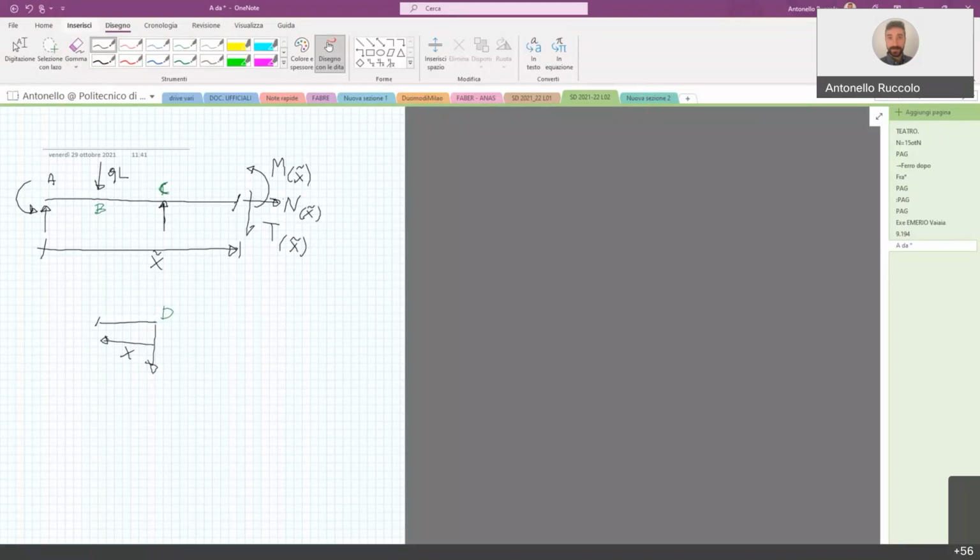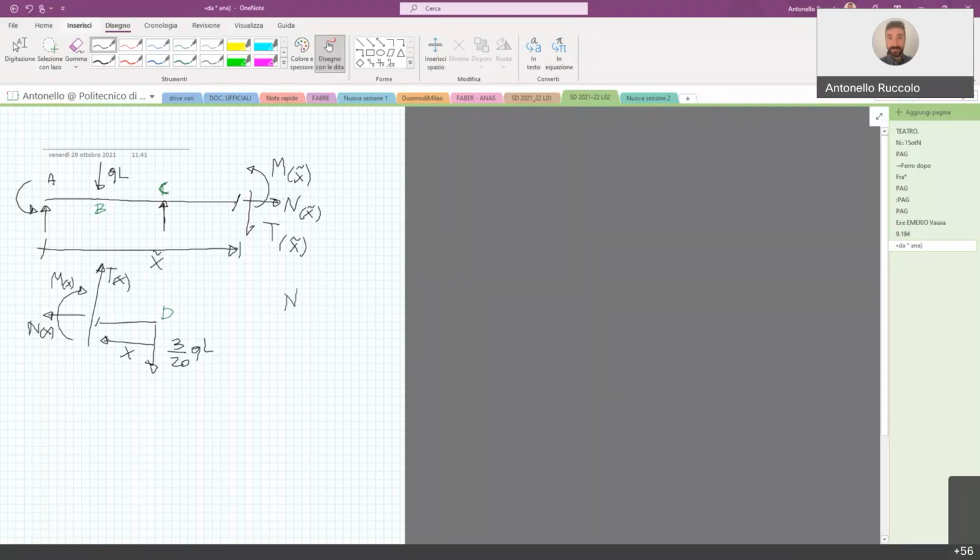It was 3/20 QL. Again, x, t and bending moment are this.